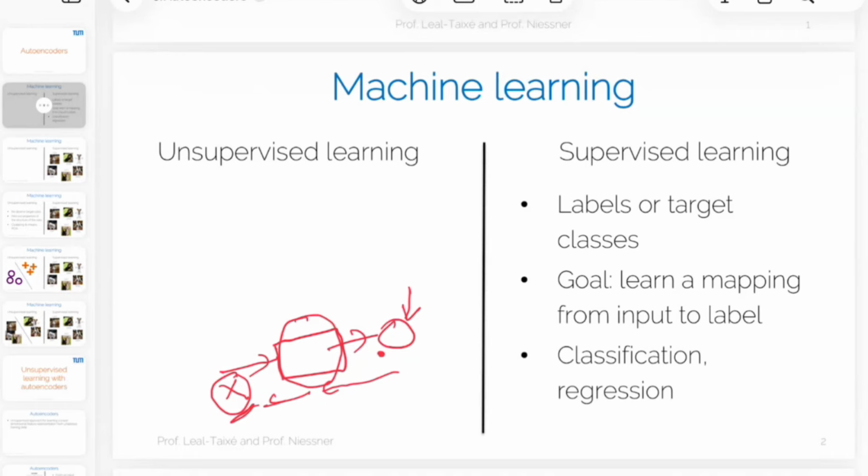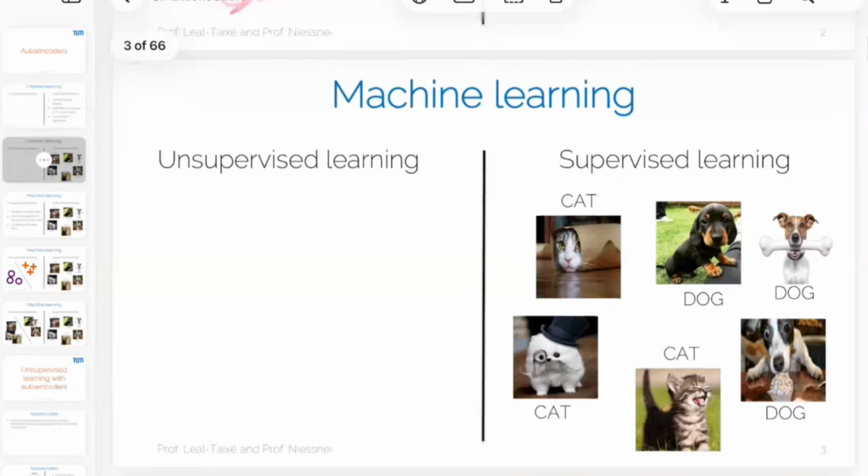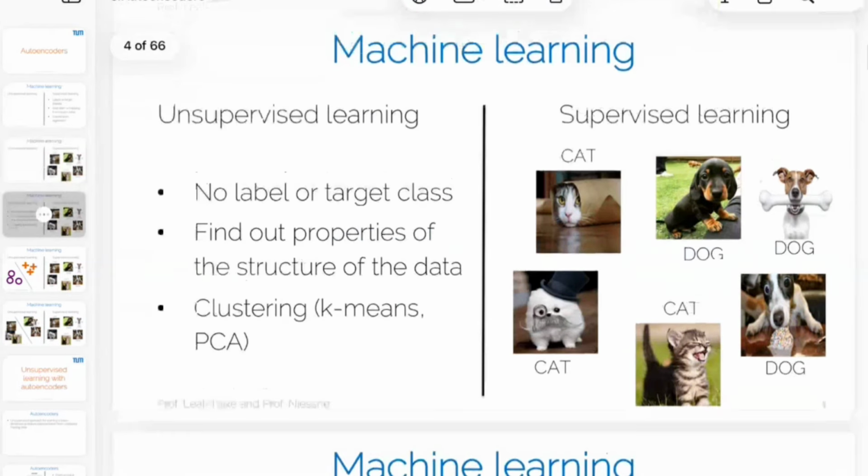This is used for classification and regression. These are examples of supervised learning. If you're dealing with images, for each image we have corresponding labels attached, like this dog, this cat, and so on.